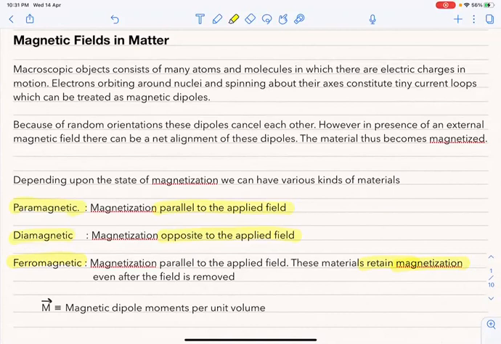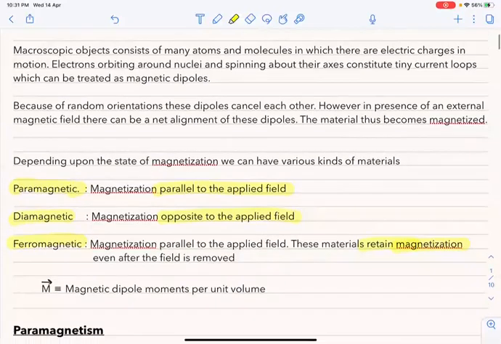In this lecture, we'll come across a quantity which I should define now, M, which we call the magnetic dipole moment per unit volume. This is a measure of magnetization, and we will use this quantity in subsequent parts of this lecture.